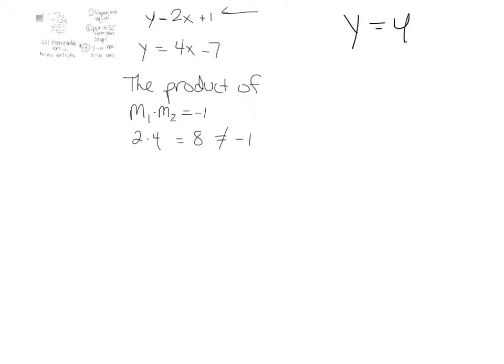y equals 4 and x equals 3. Are they perpendicular? Yes or no? By sight. Quick, come on. Yes. y equals 4, x equals 3. It might not show up here for you, but I'm saying it. Are they perpendicular?